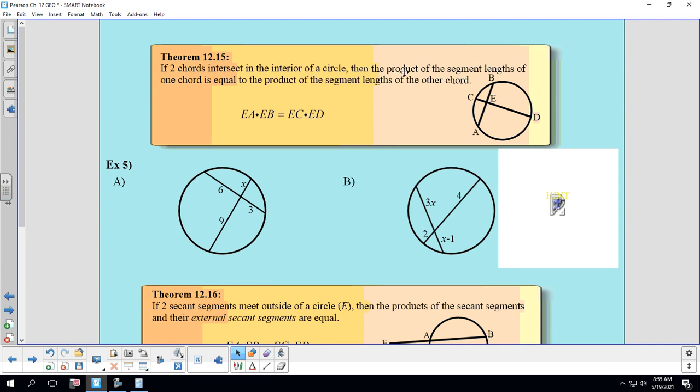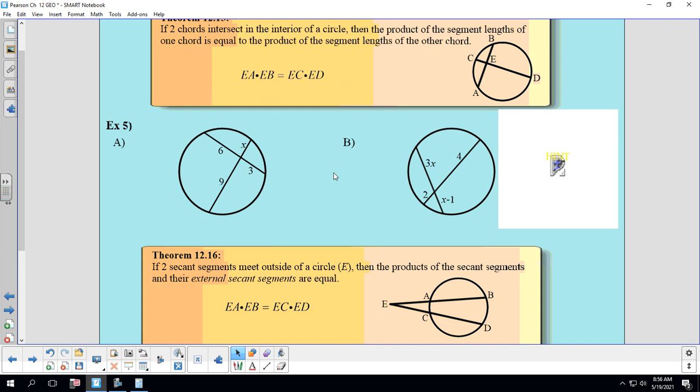Then the product, this is multiply, of the segment lengths of one chord, like EA and EB, is equal to the product of the segment lengths of the other chord, CE times ED.